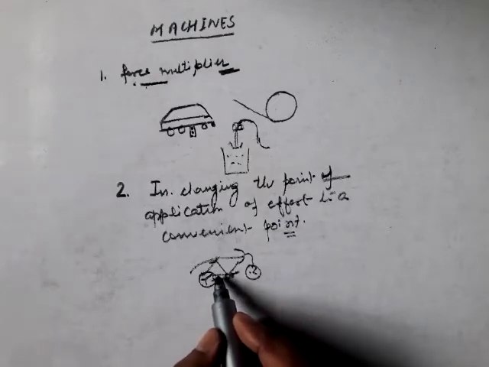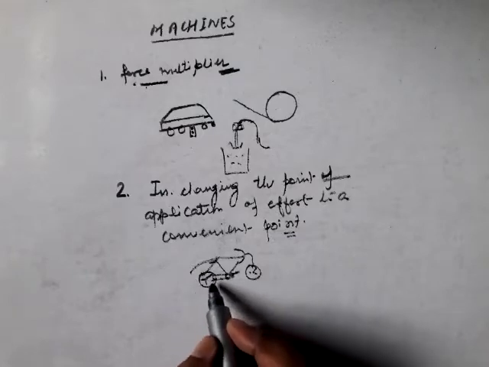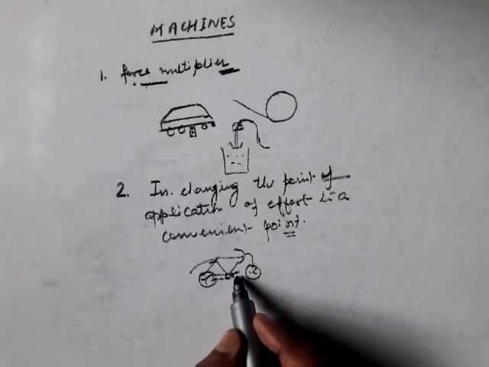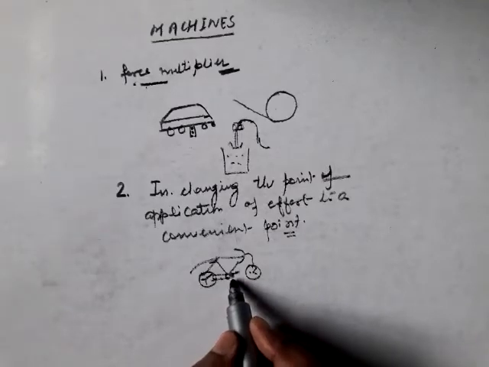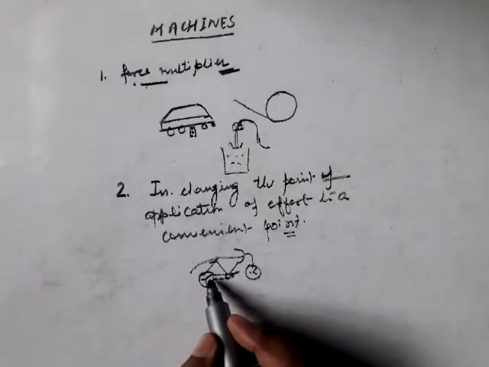Since it is connected with the chain directly to the rear wheel, it is helpful in rotating the wheel. So by applying less force, the point of application of effort is changed to a convenient point, from the pedal to the rear wheel.